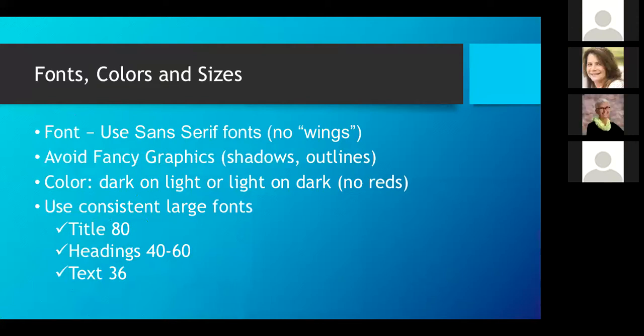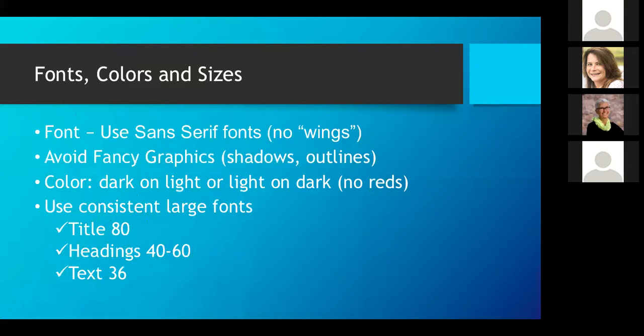Certainly avoid, like I said earlier, the shadows, the outlines, the fancy script. I would avoid red on a red background in the typing because it's really offensive to look at. But light on dark or dark on light color combinations seem to work. And most importantly, be consistent. It's not necessarily attractive for each column to have its own separate look.